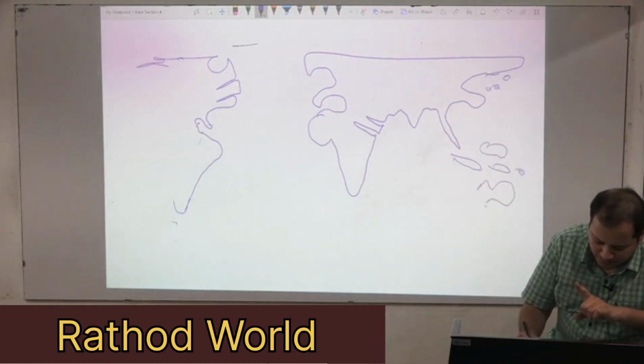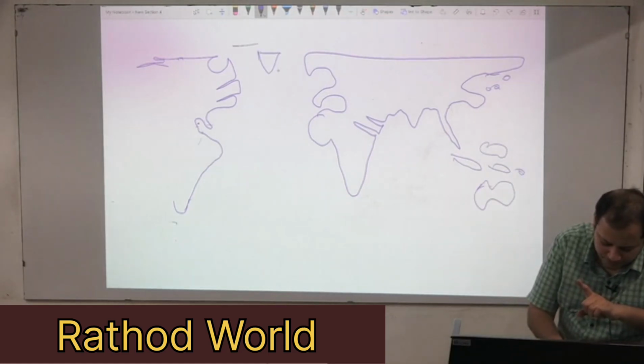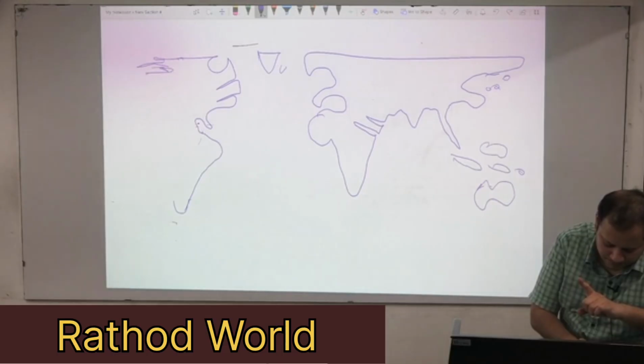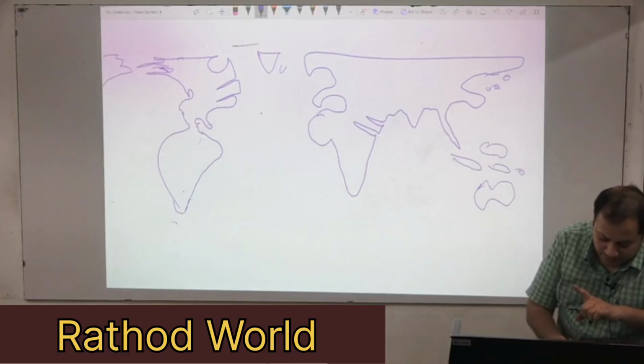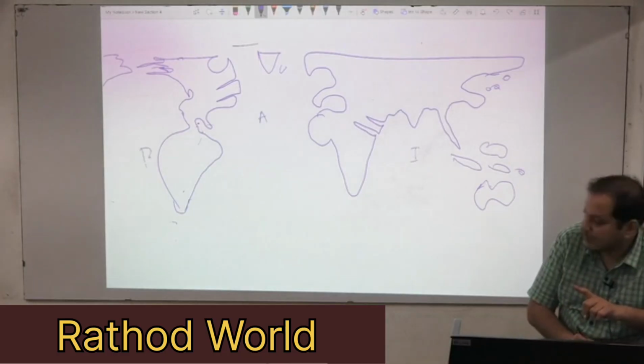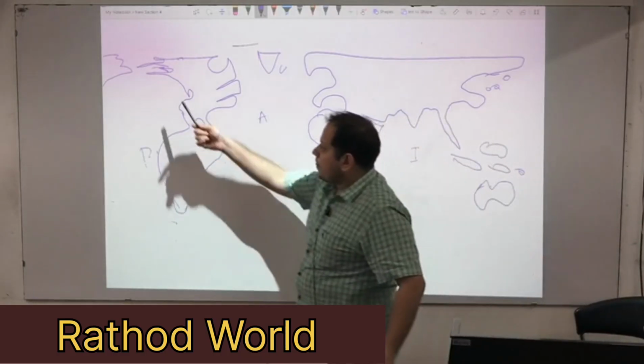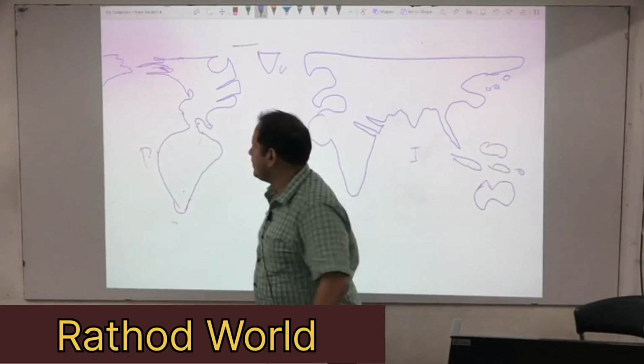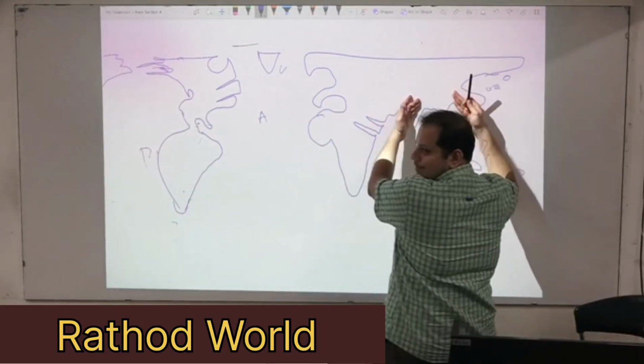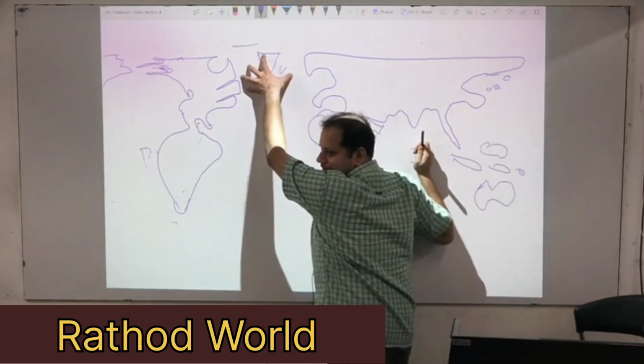No need of drawing this world map. Atlantic, Indian, Pacific. गैप कम है near the Bering Strait, है ही नहीं. सबसे ज्यादा गैप है in the Atlantic Ocean.